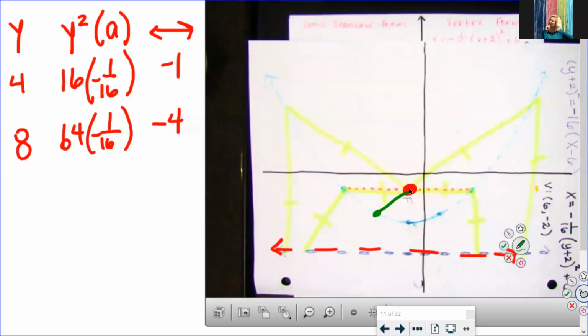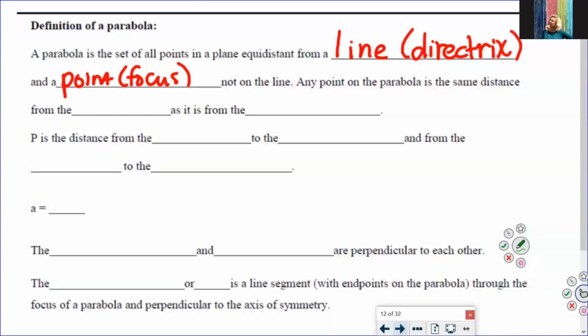The distance from the focus and the distance from that line are congruent. That's the definition of a parabola. Way up here, this point, way far away from the vertex, if I drew the distance to the focus and drew the distance to the directrix, those measurements are identical. They're equidistant. That's what this is meaning by this vocab that we're filling in here.